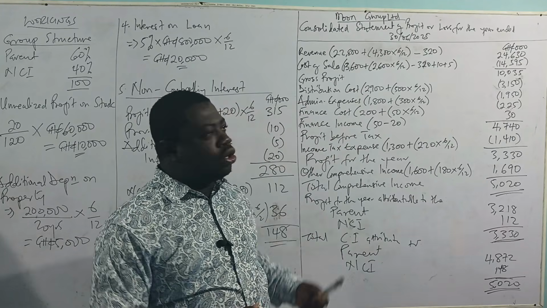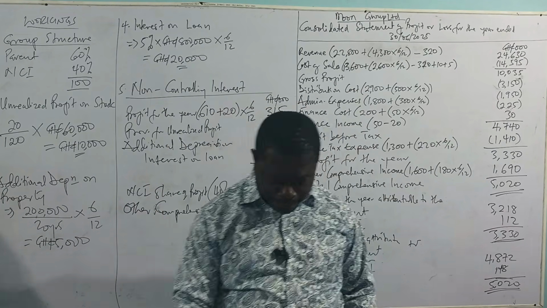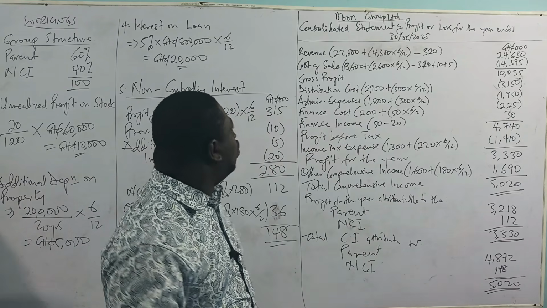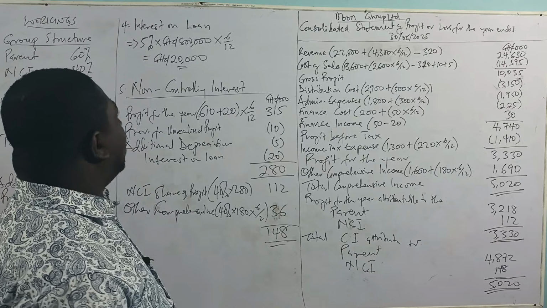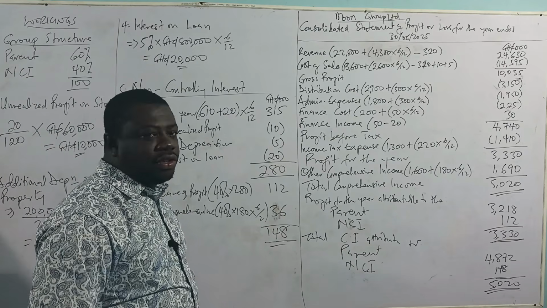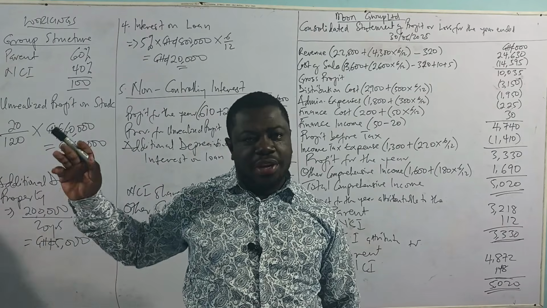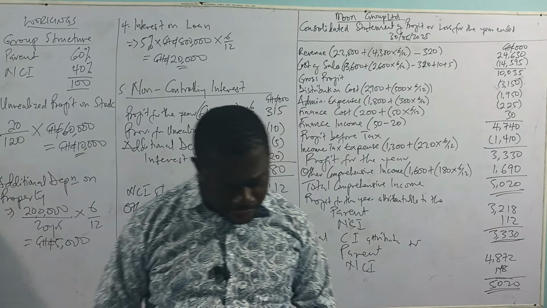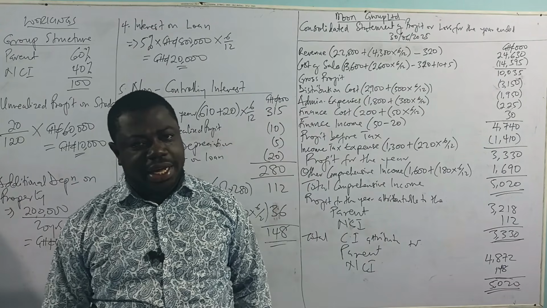Of course, we need to also look at the consolidated retained earnings. Okay, so I'm going to clean this space and I'm going to do that here. The consolidated retained earnings. We can even decide to look at the reserves. Okay, so let's look at the consolidated retained earnings as well.